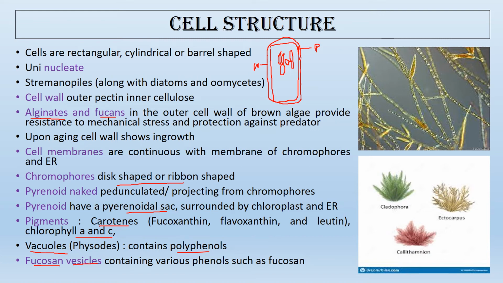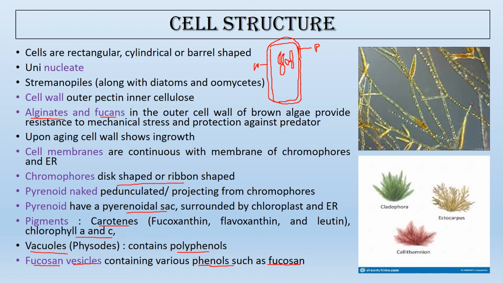The cell contains these fucosan vesicles, in all brown algae including Ectocarpus, and they contain a special type of phenol called fucosan. These fucosan-containing vesicles are a characteristic feature of all brown algae, and they are present in Ectocarpus as well.